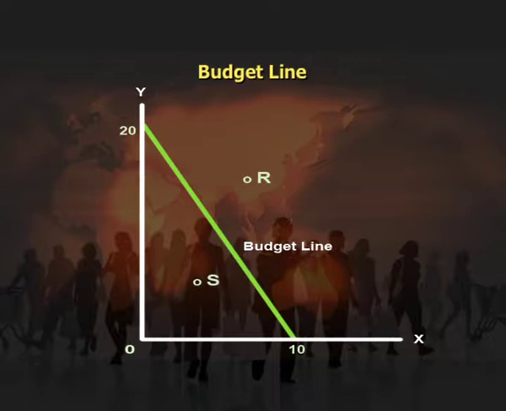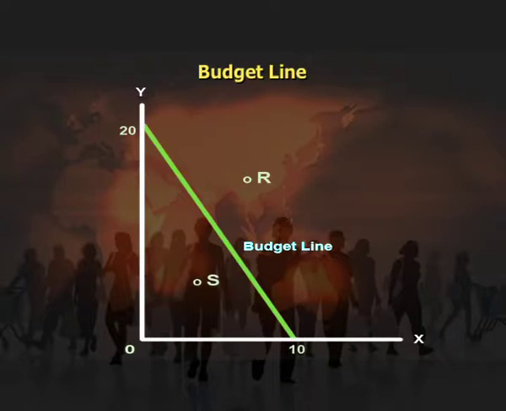Let us take an example. Suppose the consumer has a budget to spend ₹100 on two goods, say X and Y. If the price of X is ₹10 per unit and the price of Y is ₹5 per unit, then the consumer can buy either 10 units of X or 20 units of Y. If a straight line joining 10X and 20Y is drawn, it is called the price line or budget line.